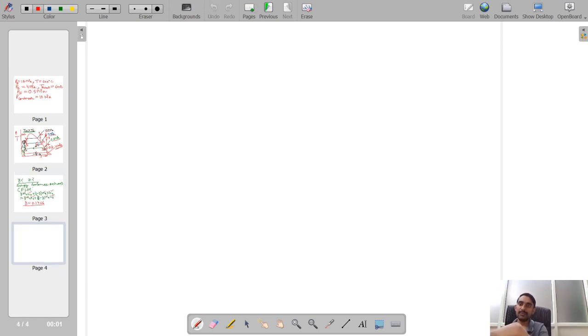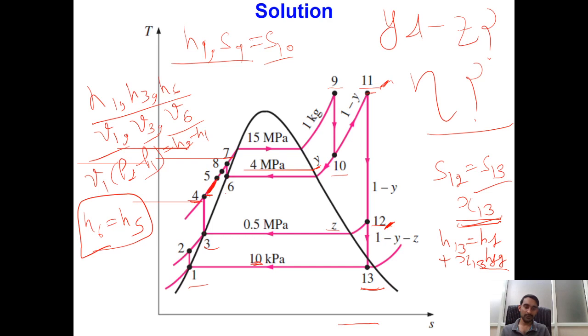The next step is the fraction we have taken out in the open feed water heater. If we apply once again the energy balance across the open feed water heater, in case of the open feed water heater we have this Z fraction which is entering with enthalpy of point number 12.